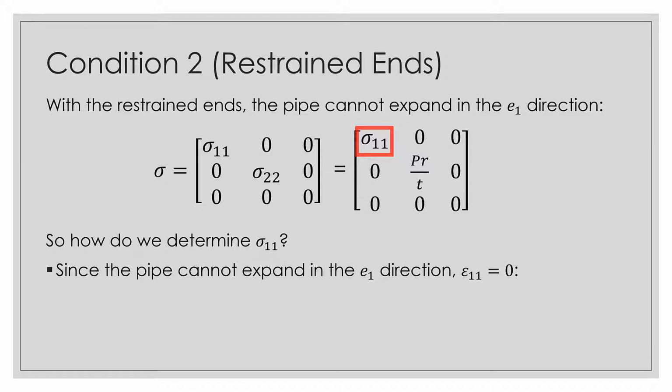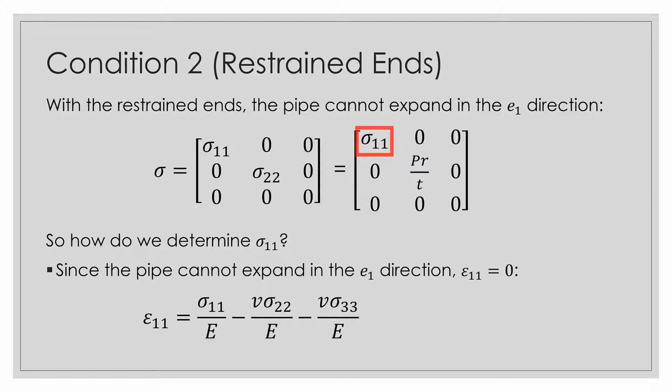And from there, I can look at the formula for strain in the E11 direction. This comes directly from the 6x6 isotropic linear elastic material matrix. I can say that my strain in the 1,1 direction, epsilon 1,1, is equal to sigma 1,1 divided by E, minus V times sigma 2,2 divided by E, minus V times sigma 3,3 divided by E. And this is the most general formula. This can apply for everything that is linear elastic isotropic, which in this case the pipe is.